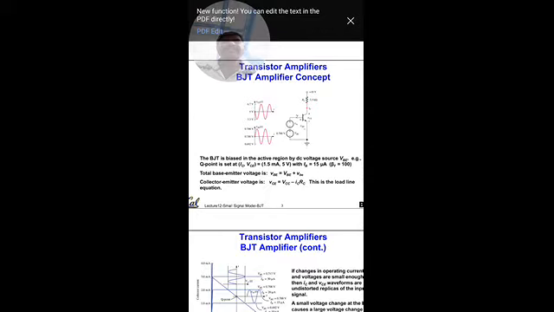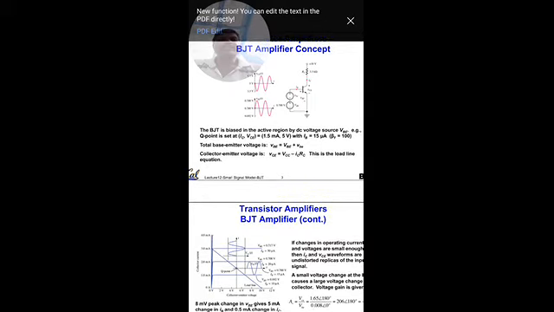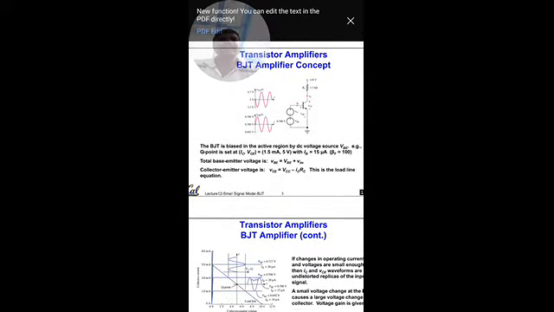Before starting the analysis of transistor amplifiers, first we should know the concept of AC and DC equivalent circuits of a transistor. The DC equivalent circuit is nothing but the biasing circuit, the biasing arrangements required for the transistor to operate as an amplifier.